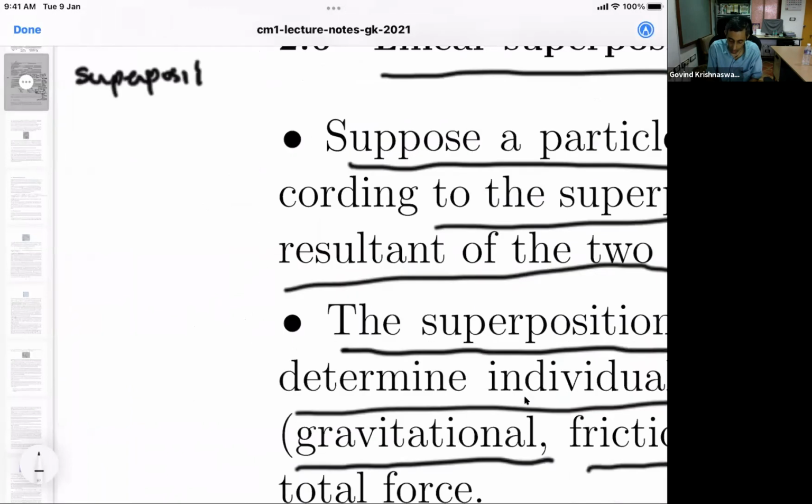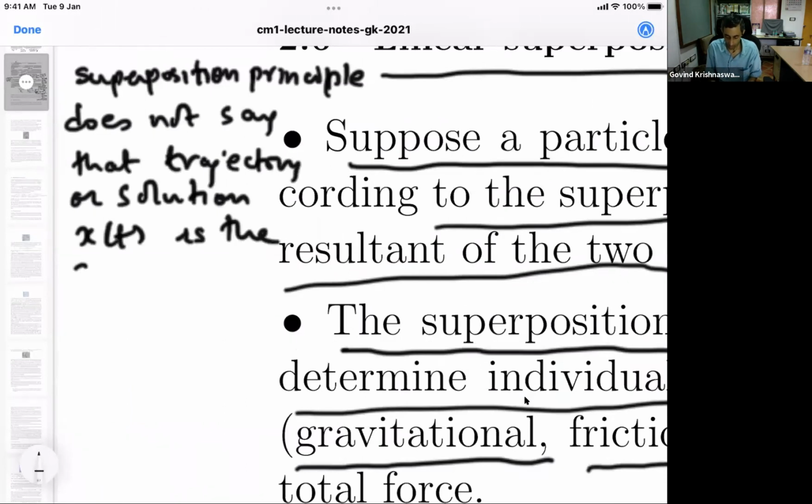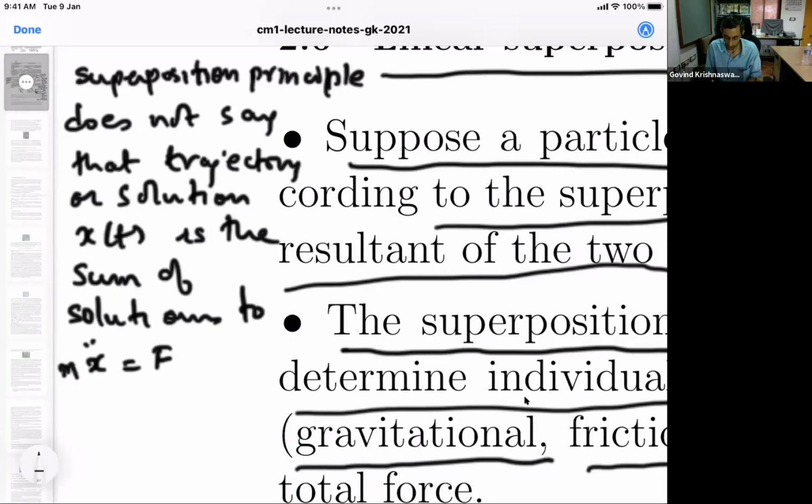The superposition principle does not say that the trajectory or solution x of t is the sum of solutions to m x double dot equal to f1 and m x double dot equal to f2.